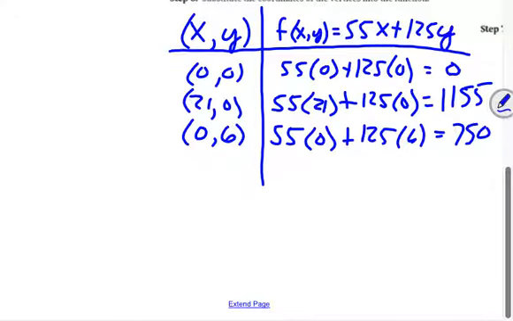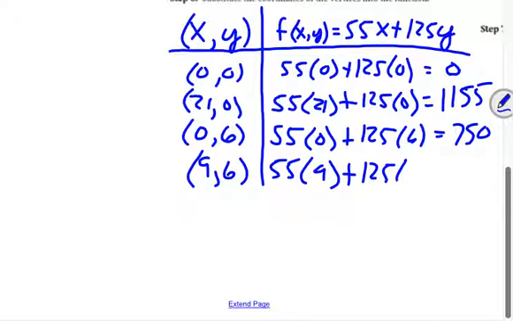The last one was 9, 6. So 55 times 9 plus 125 times 6, and we get a total of 1,245. So what's our max, what's our min? Our minimum is obviously 0.